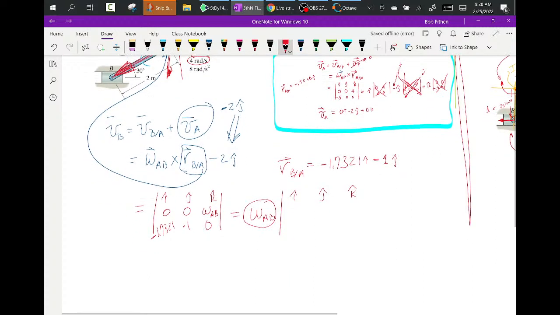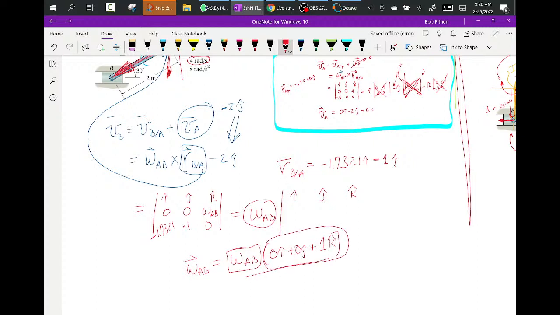The reason I can take this out is because the vector omega AB is equal to omega AB, the scalar value of that, times a vector which is 0I, 0J, plus 1K. Now, what I can do is put this vector in 0, 0, 1, and leave the omega out here. Think about that for a minute. This is totally legal.